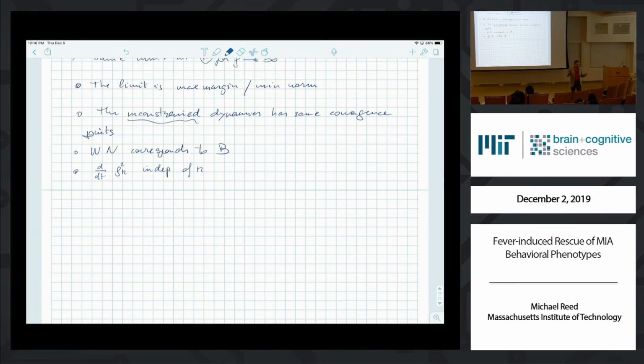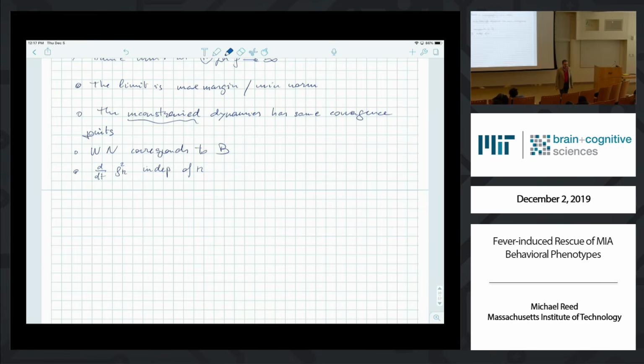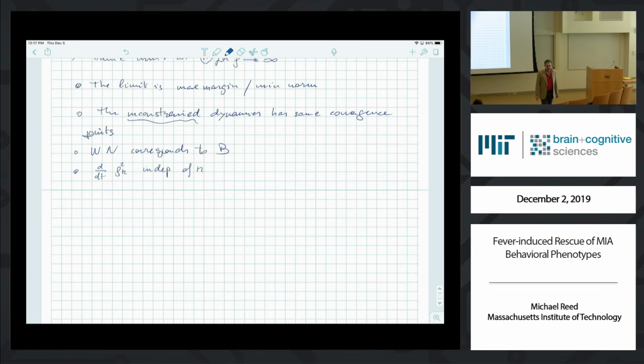So that does not change the asymptotic convergence points. The dynamics is slightly different. For instance, in the linear case, we can prove, this is a very simplified case, so don't take it too seriously, but weight normalization converges much faster than the normal gradient descent.